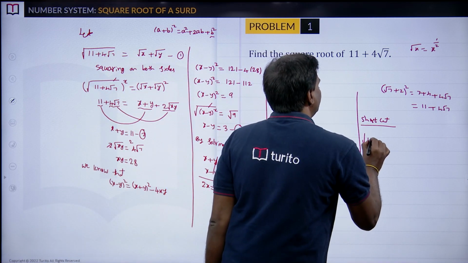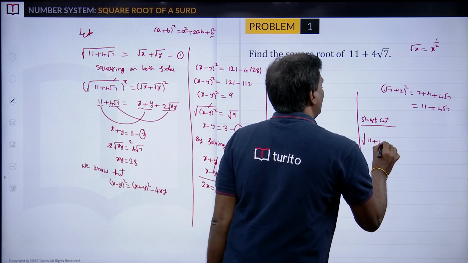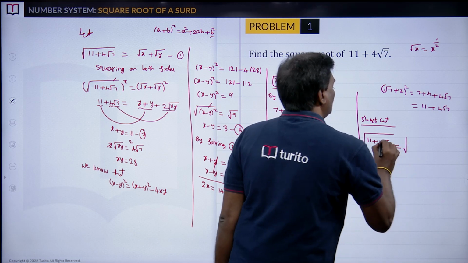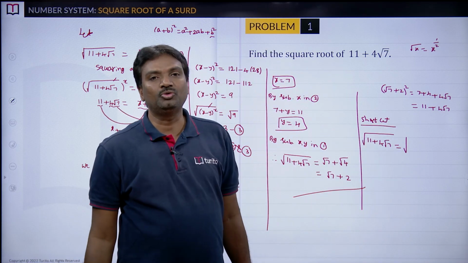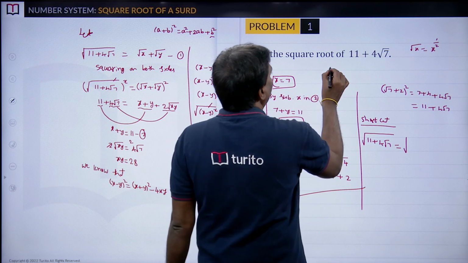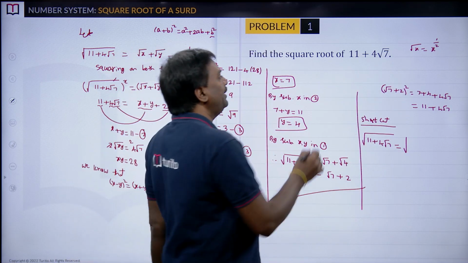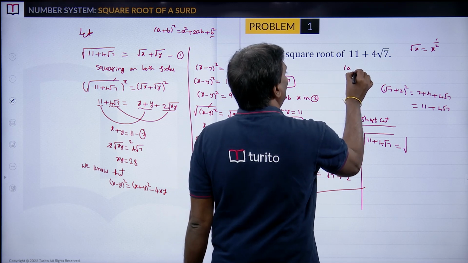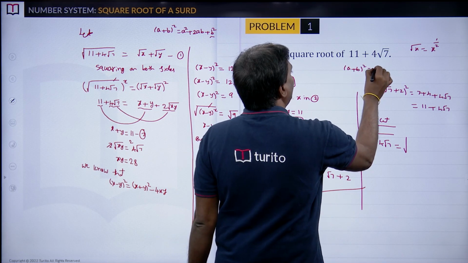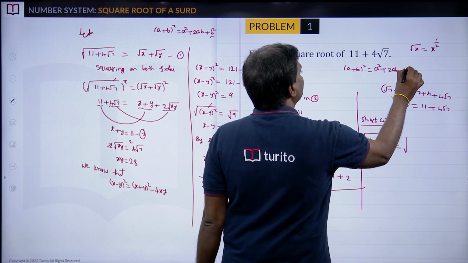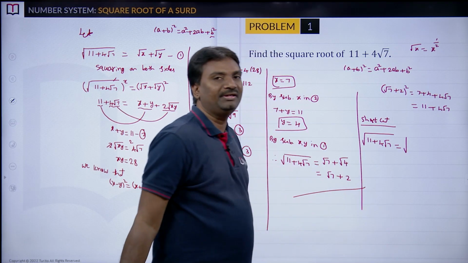Square root of 11 plus 4 into root 7, where 4 can be written as 2 into 2. We have to express that in the form of (a plus b) whole square equal to a square plus 2ab plus b square.